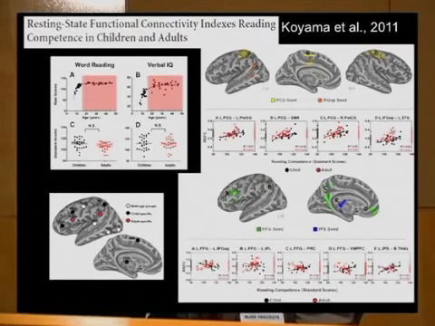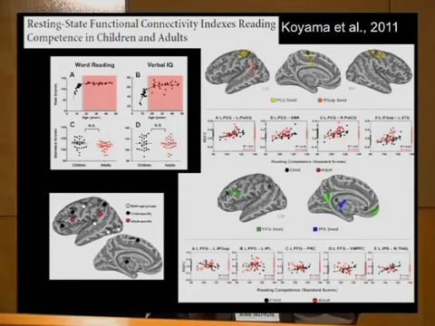And the same thing was true when we looked at reading recently. So here we have healthy readers, unimpaired readers, who are either children or adults. And for a number of relationships, it didn't matter. We chose the seeds from meta-analyses of a number of task-based fMRI studies in children and adults.